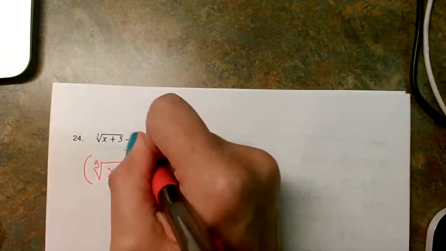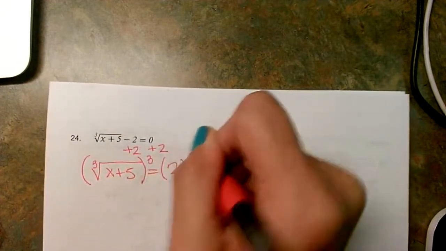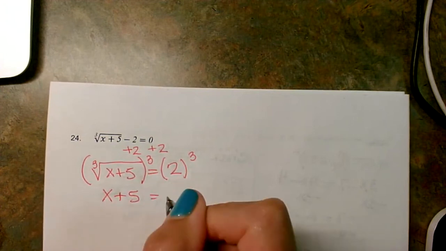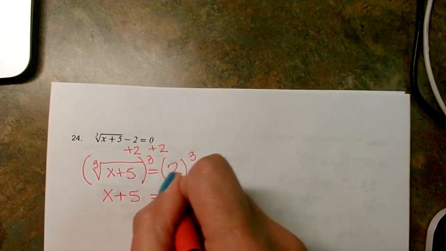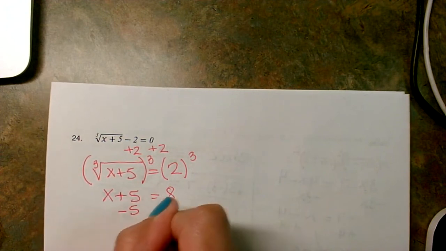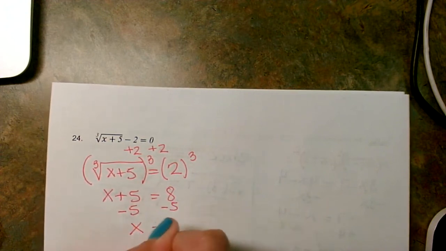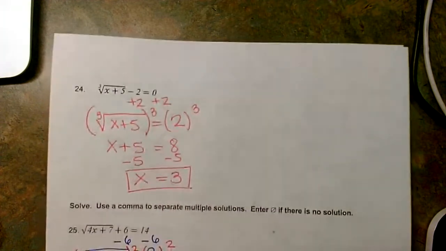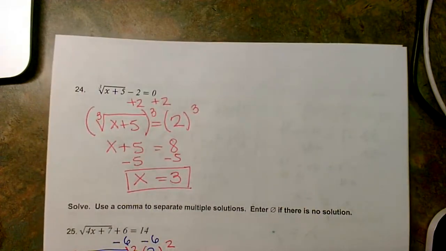Now we cube both sides. So we get x plus 5. 2 times 2 is 4. 4 times 2 is 8. Solve it for x, and x is equal to 3. There we go.